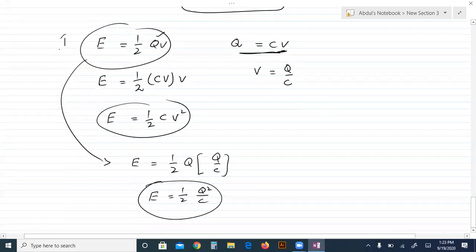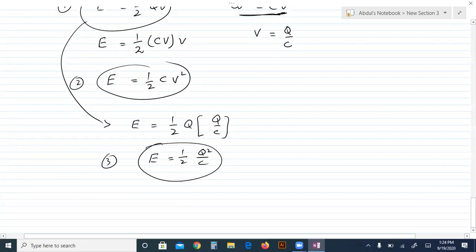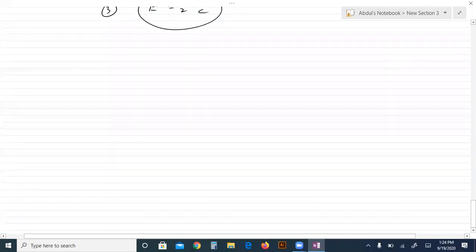So these are the three relations for the energy. Number one is energy 1 by 2 QV. Number two, 1 by 2 CV square. And number three, half Q square over C. Now look, all are half, 50%.